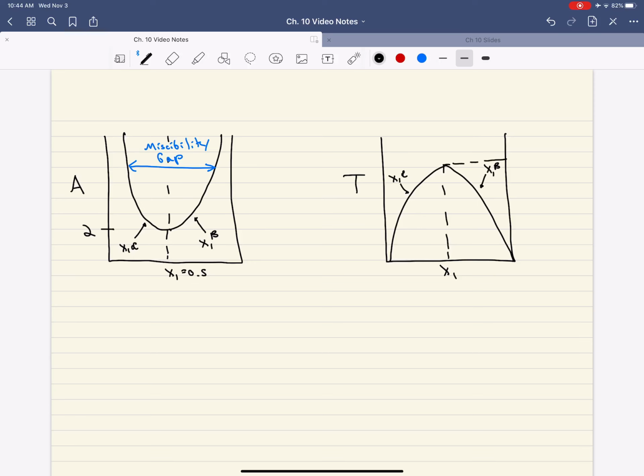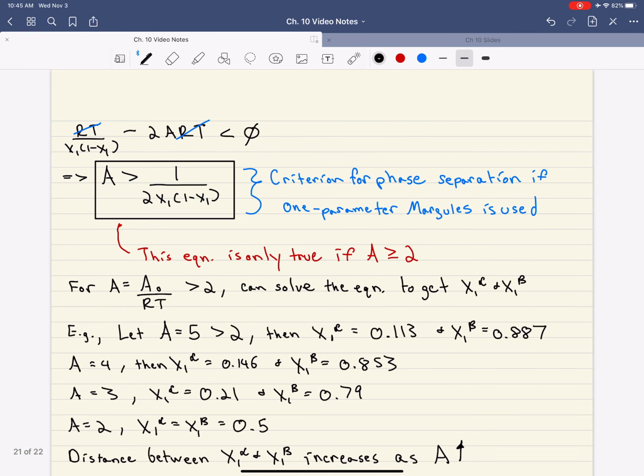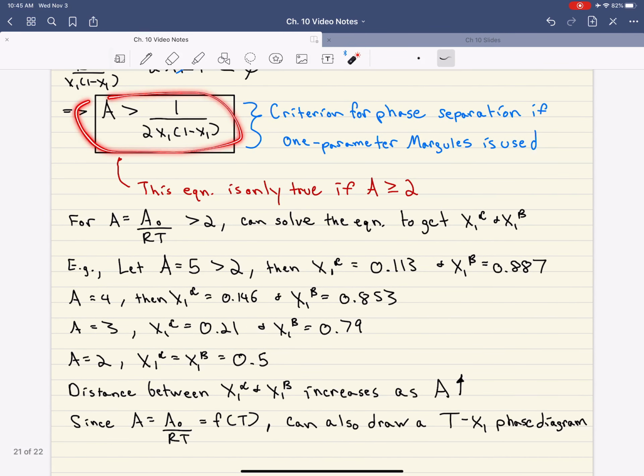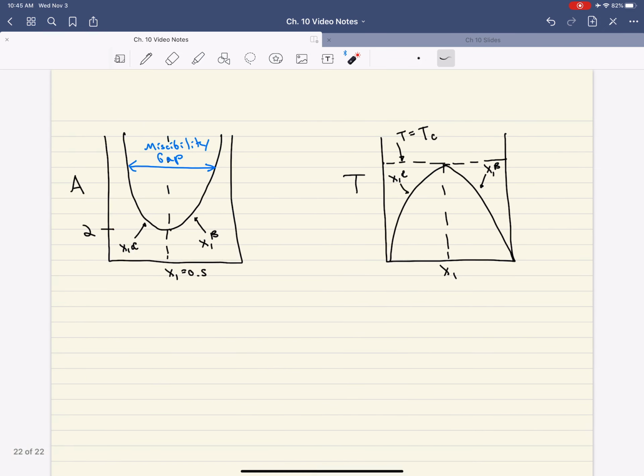And the temperature here, which is that temperature that gives you a value of 2, we would call the critical temperature. Okay? All right, and so visually, we derived a mathematical equation that tells us when phase separation is going to occur. And we can use that equation to develop diagrams that look like this.